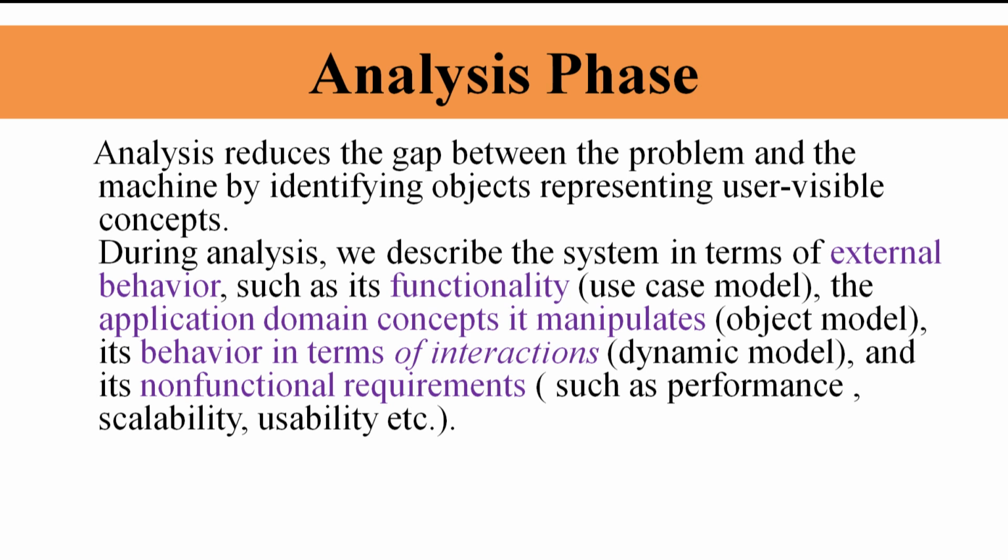During analysis, we describe the system in terms of the external behavior of that particular system, such as the functionality, what kind of functionality that system will be performing. For example, live video sessions in the case of the online learning system, assignment submission functionality, some kind of doubt clearing module in which you can put certain questions and get certain responses. So these are the functionalities of the system.